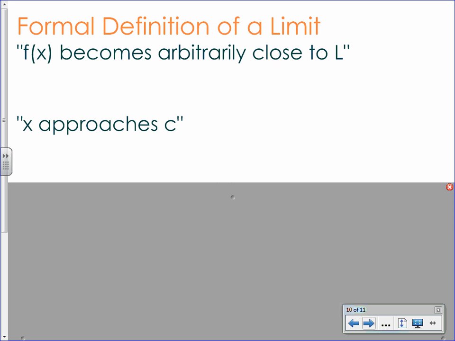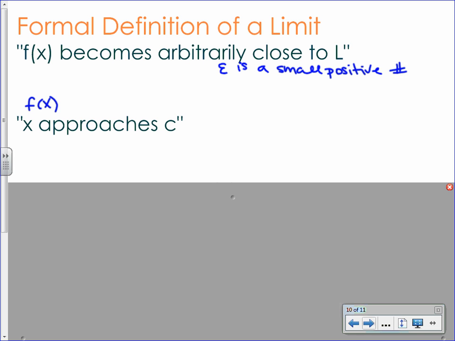f of x becomes arbitrarily close to L. Epsilon is a really, really small positive number. And f of x is going to become arbitrarily close. So what does that mean?